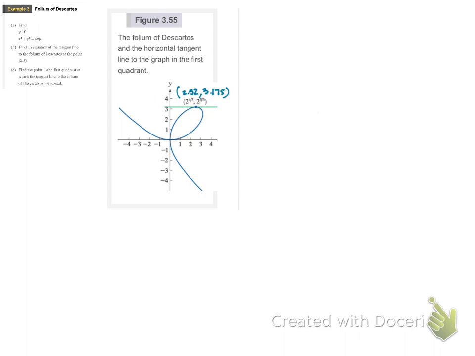Okay, that's a fully loaded problem. It's got parts A, B, and C. Any questions on that one before we go on to the next example? Okay, here is the next example, example 4. This isn't quite so nasty.